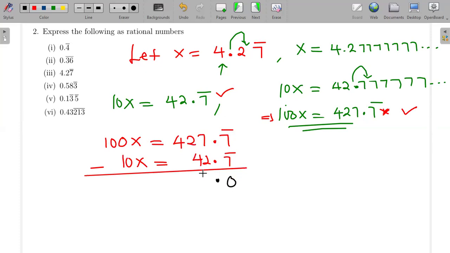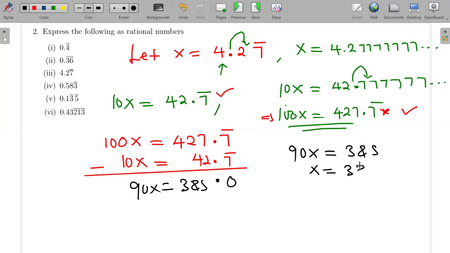And then now I have 427 minus 42. That one gives me 385. Then here I have 100 minus 10. So that will be 90x. So what I have now is 90x is equals to 385. So here x will just be equals to 385 over 90.